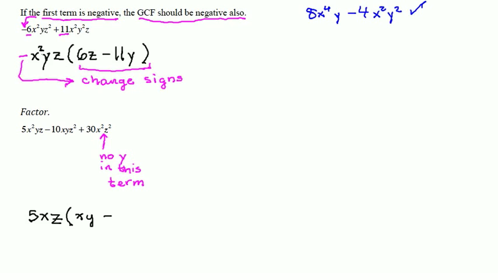From the second term, I have minus 2yz. And from the last term, I have plus 6xz. So this would be my final factored form.